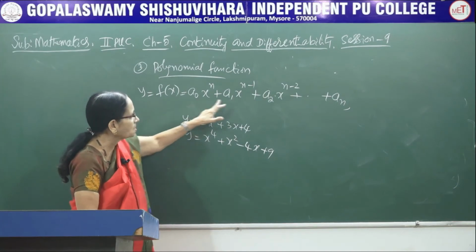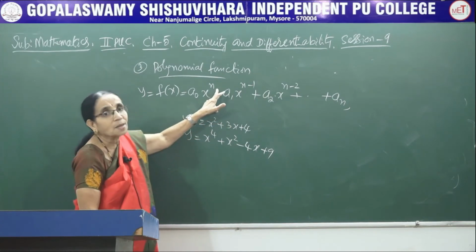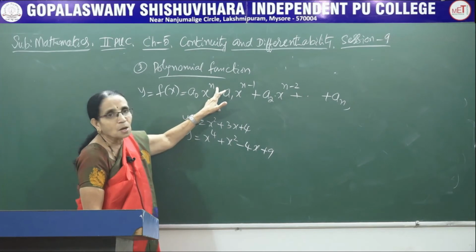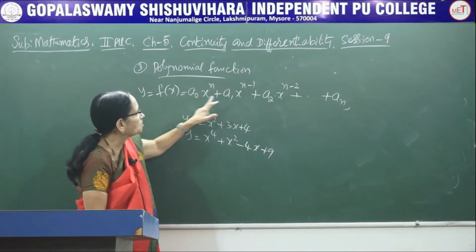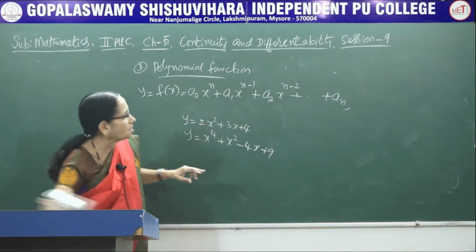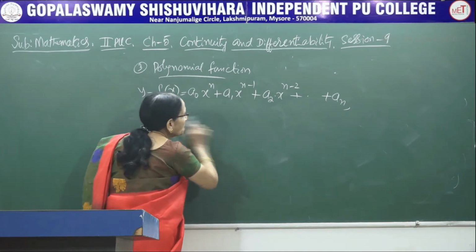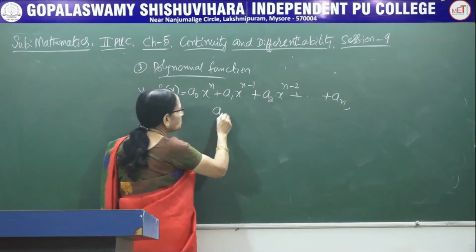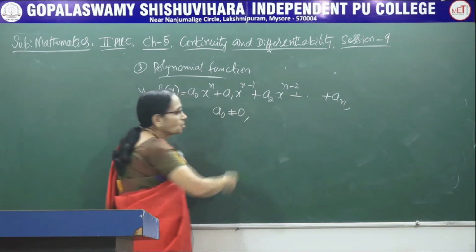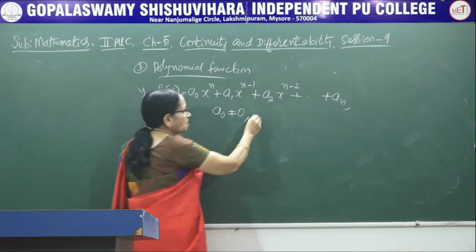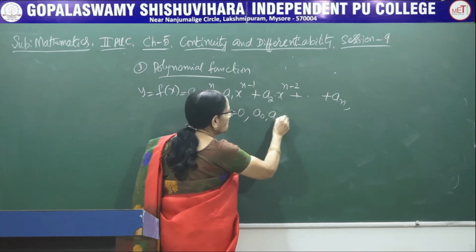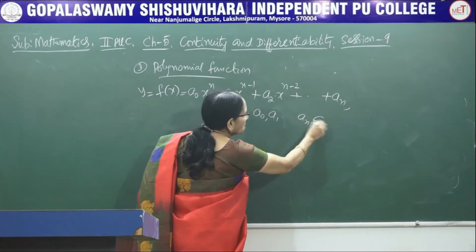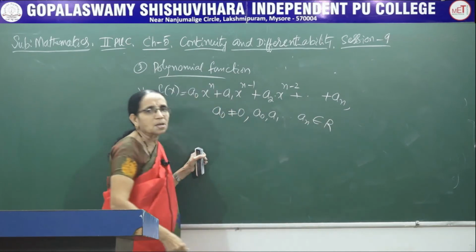You observe here, in general, I have taken an nth degree polynomial function. So, a0, a1, a2, etc., an, they are all real numbers. Here I had written 2, 3, 4 like that. So, the first condition is a0 should not be equal to 0, and a0, a1, etc., an belong to the set of real numbers.